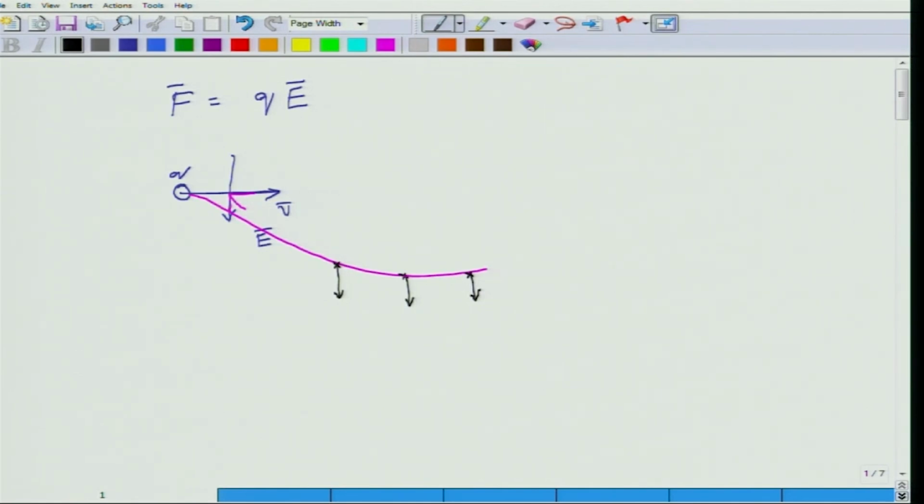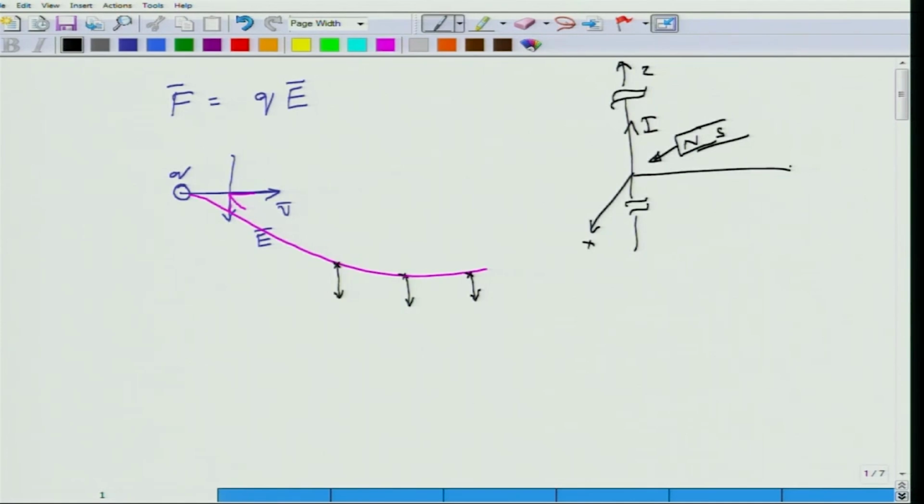Now let us get back to the magnet and the current carrying wire that we were talking about. Now I have a wire which is carrying current in the z direction, and then I introduce a magnet in the x direction.